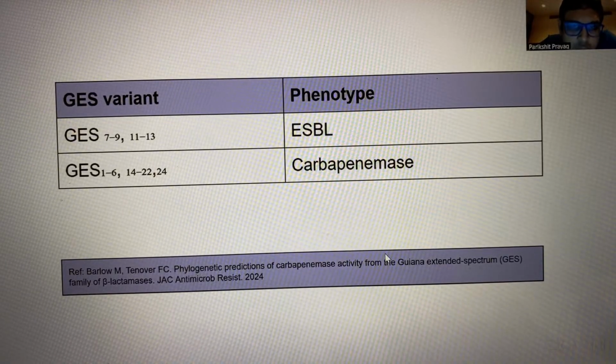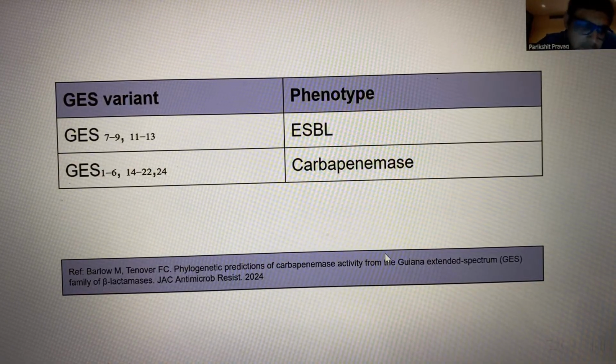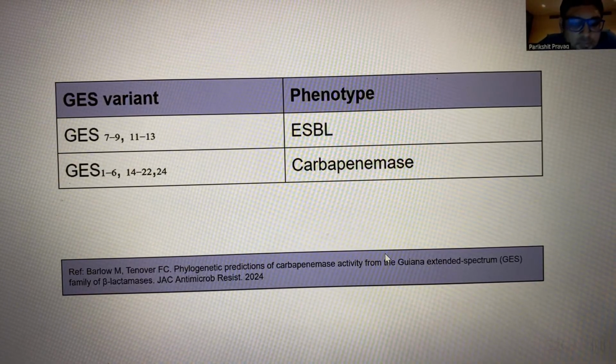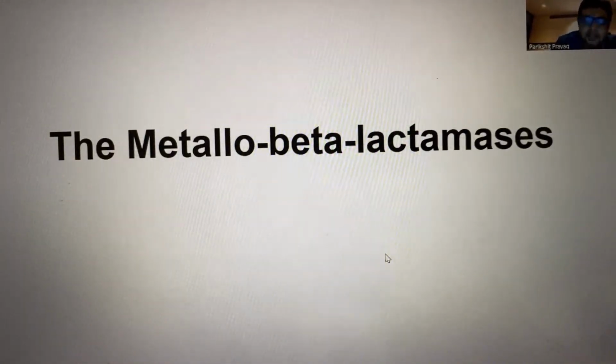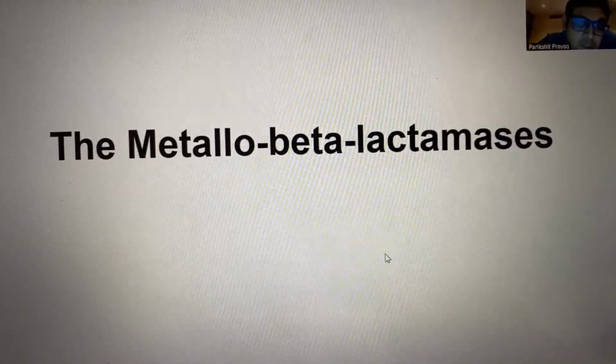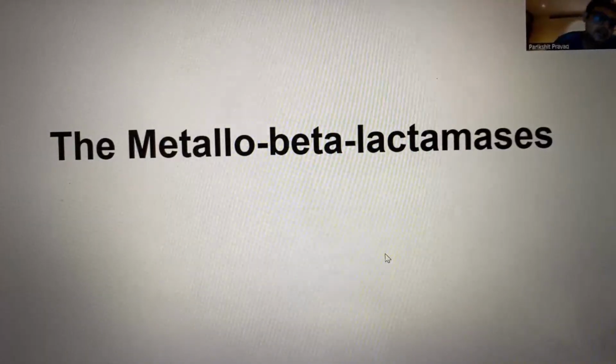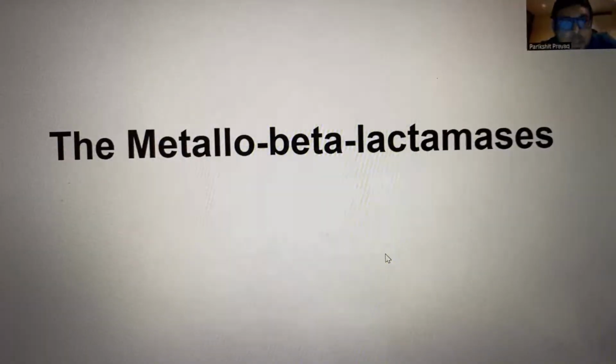There are few variants which could be ESBLs, and avibactam is a good BLI against it. But you could rarely have a variant where avibactam is unable to inhibit the GES enzyme which is there in front of us in the patient. Now, if you look at class B enzymes, of course, you must have heard a lot about class B enzymes. These are your metallo-beta-lactamases. These are the most potent ones.